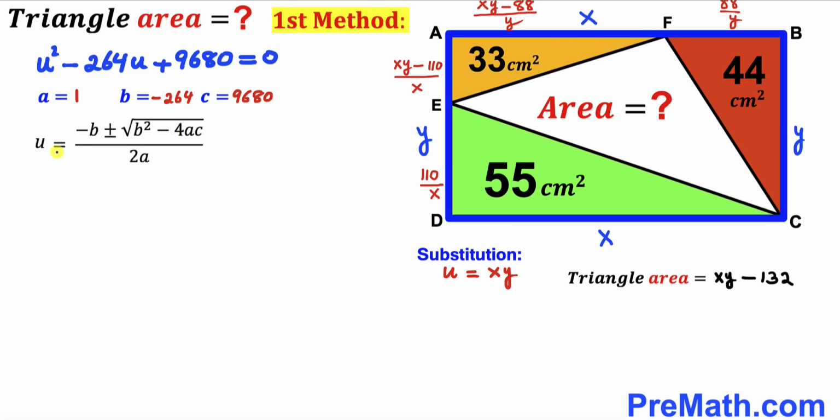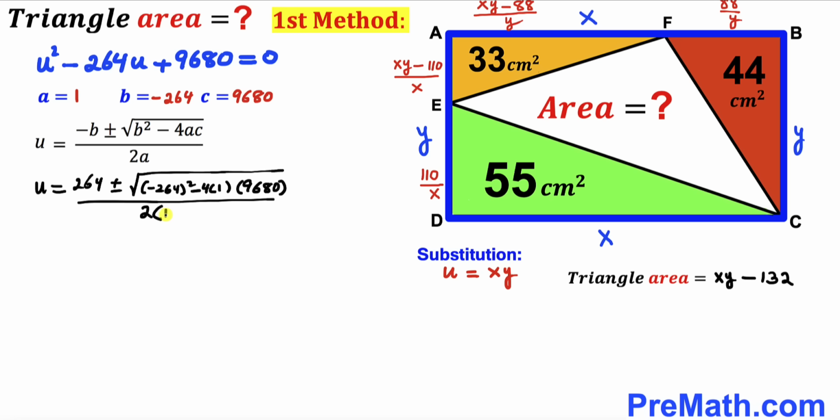Let's go ahead and fill in the blanks in this quadratic formula. So u equals minus b, which is going to become 264, plus or minus the square root of negative 264 square minus 4 times a, which is 1, and c value is 9680, all over 2 times a value, which is 1.